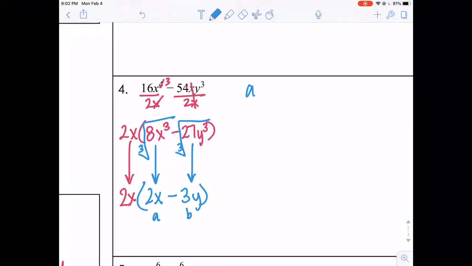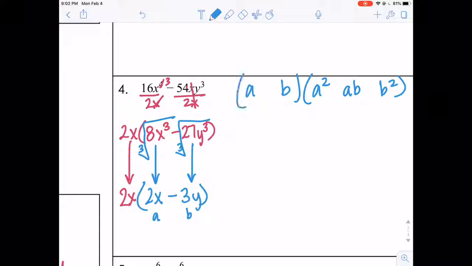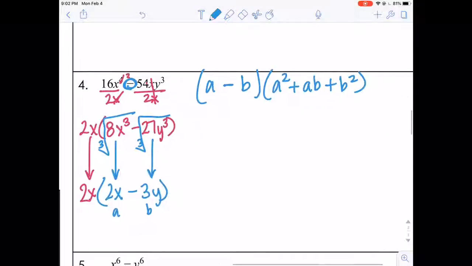So I have a squared, ab, b squared. And it's the same, opposite, always positive. Okay, so in this case, a is 2x and b is 3y.